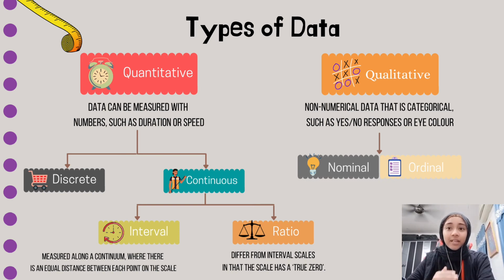Another thing to bear in mind is that interval data has no true or meaningful zero value. Ratio data is the same as interval data in terms of equally spaced points on a scale, but unlike interval data, ratio data does have a true zero.